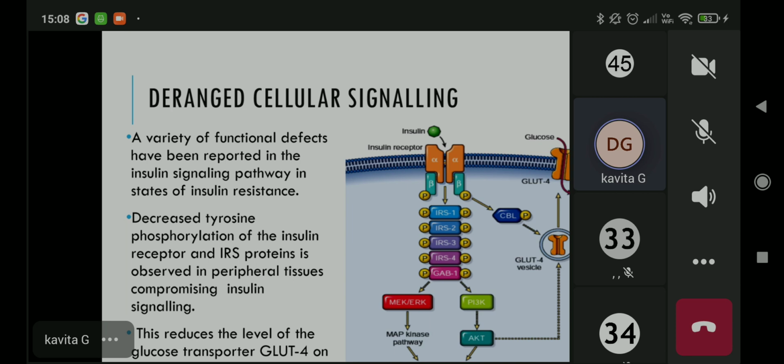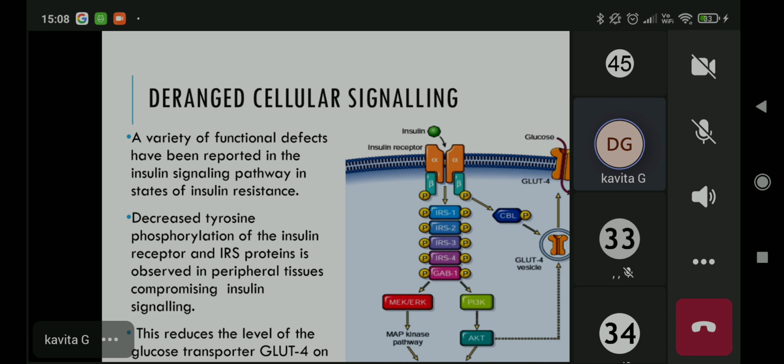We know all this. Now, in insulin resistance, the insulin signaling pathway itself is defective. So there's decreased tyrosine phosphorylation of the insulin receptor and IRS proteins observed in the peripheral tissues, compromising the insulin signaling.